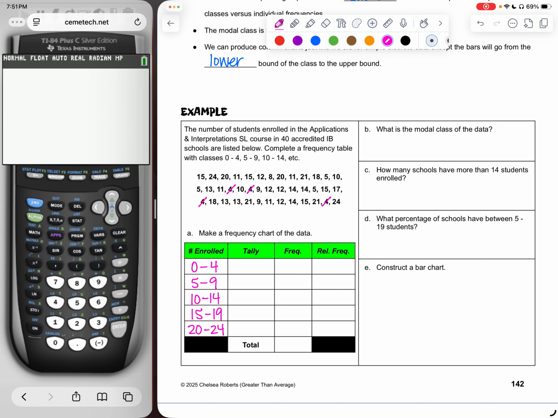So we have 4 numbers that will give us that frequency. The numbers between 5 and 9, we have 1, 2, 3, 4, 5, 6. We have 6 numbers.